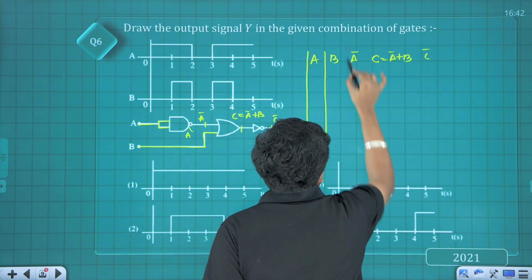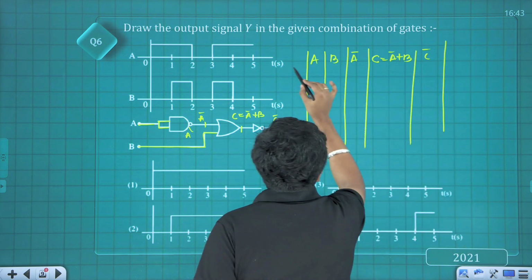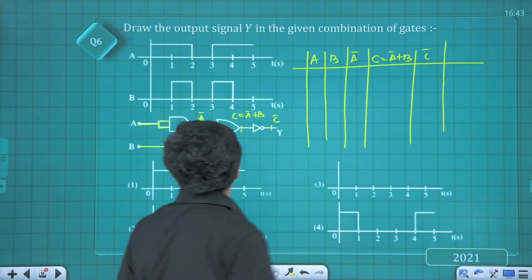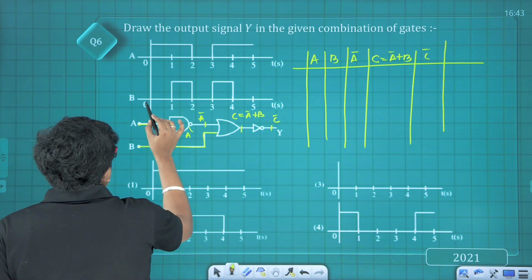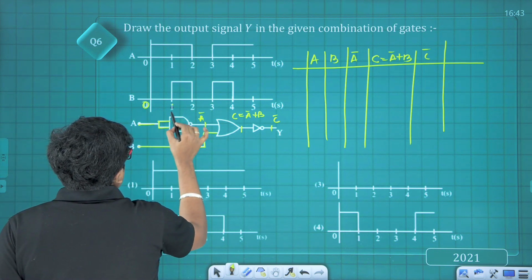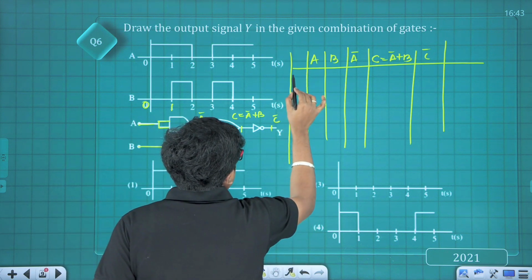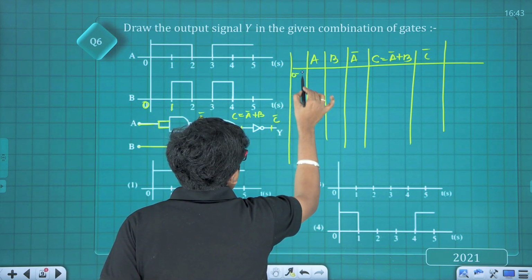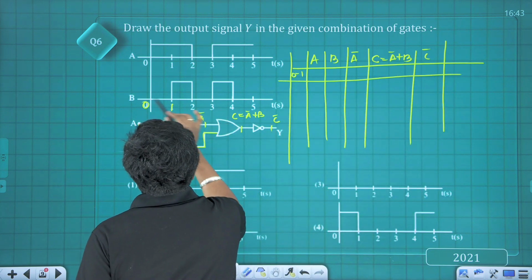All right. So these are the operations that are taking place. Now I need to give the values. So I am having the time interval 0 to 1 here first. Let me create the space for time interval. It is 0 to 1.